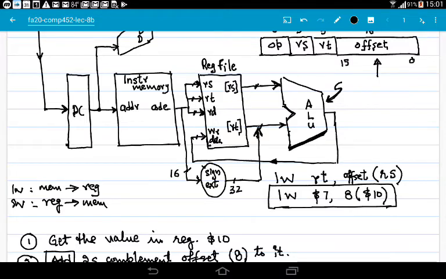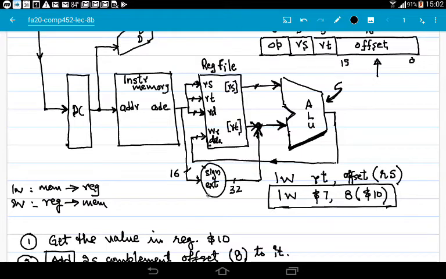You see that here we have a point where two different values are coming together, and one of those values will be going to the lower input of the ALU.